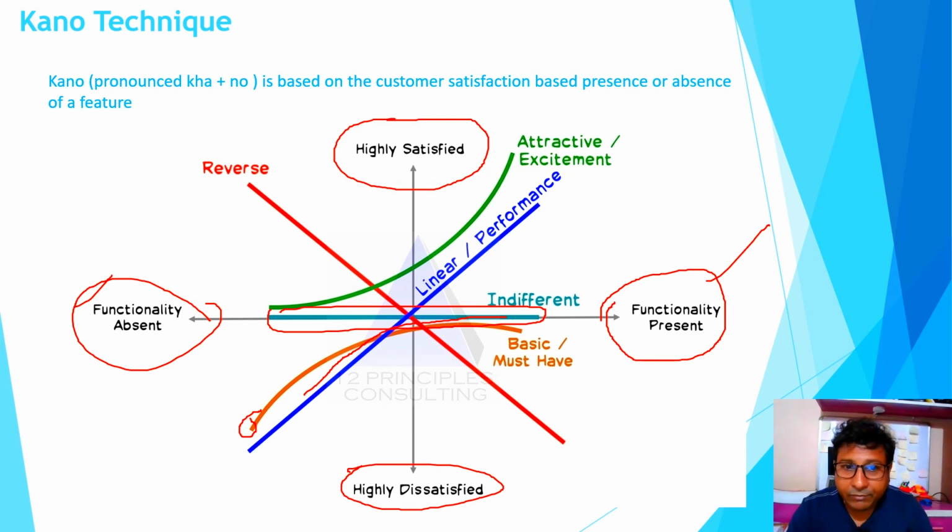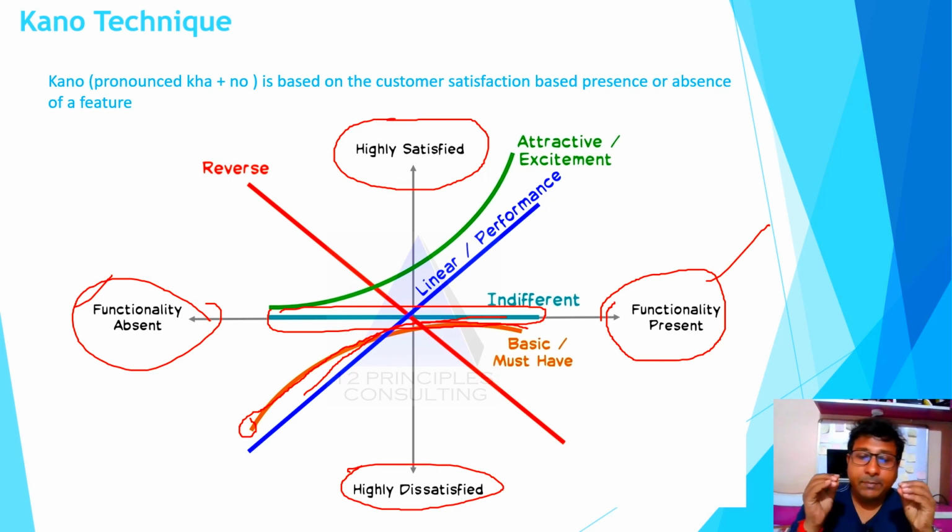Then if you start implementing this particular feature, just follow my pen, where I'm moving, the customer satisfaction is getting increased, but it is not going up to the highly satisfied level, because these are the base feature, right? In a particular application, you have to have this feature.